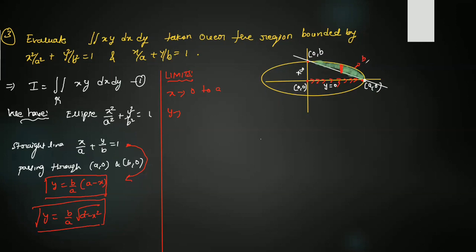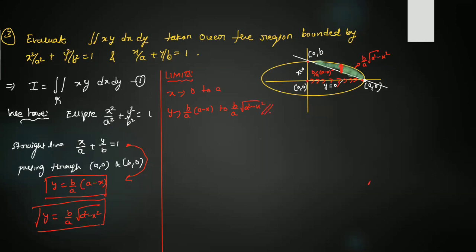This curve equation is b by a square root of a square minus x square, and this line equation is b by a into a minus x. So I can write b by a into a minus x to b by a square root of a square minus x square. Okay, so this is our strip.